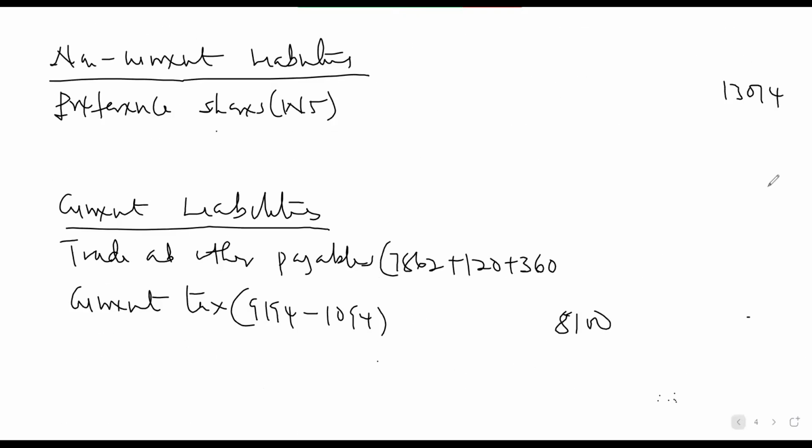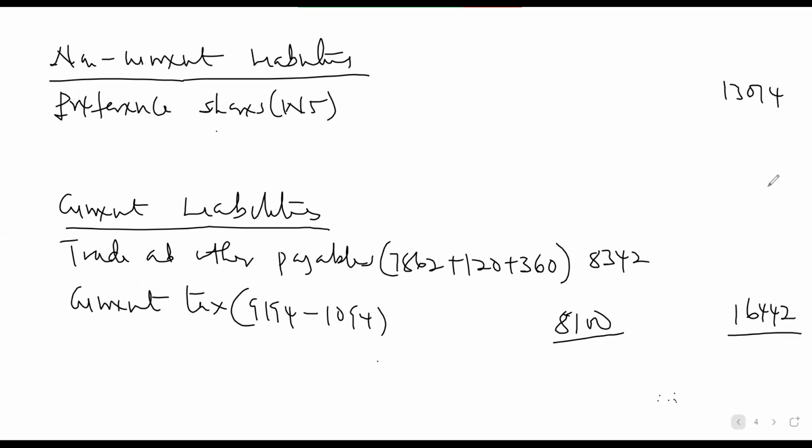Let's now total. What will be the total value of our trade and other payables? I'm having 8342. Okay, plus 8,100. I'm having 16,442.